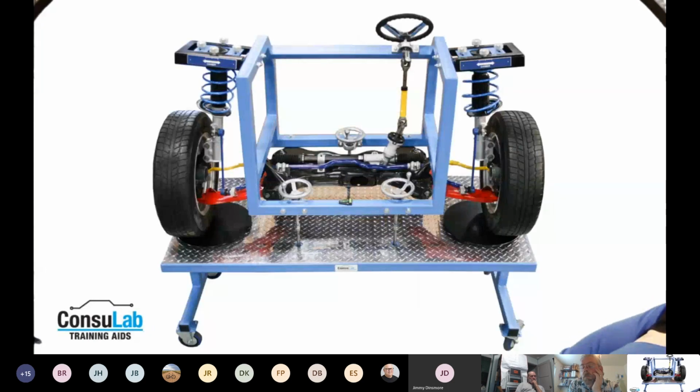So again, a lot of these things that we've talked about over the last 2 days can be accomplished using this trainer with all the adjustments we put into it. Obviously, it doesn't come with transparent tires, but you can still go through a lot of these same lessons using this. So that'll kind of bring us to the end of today.